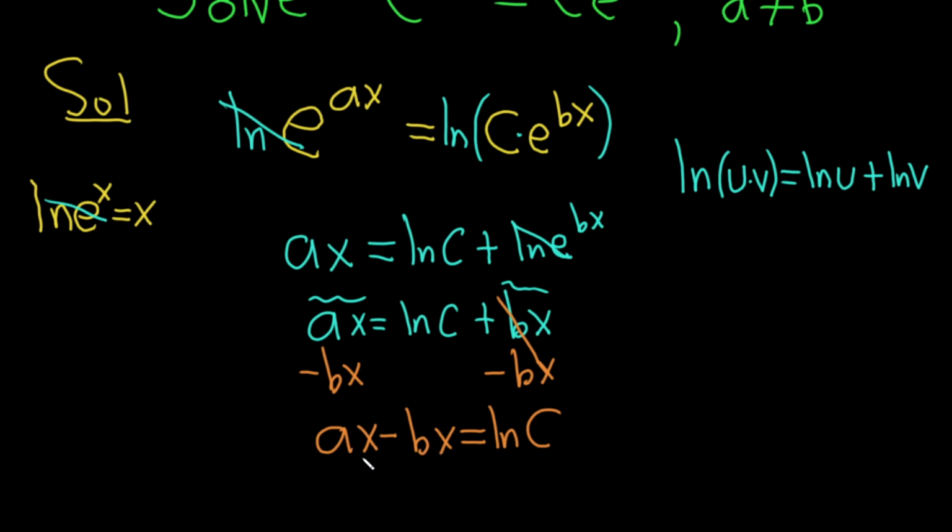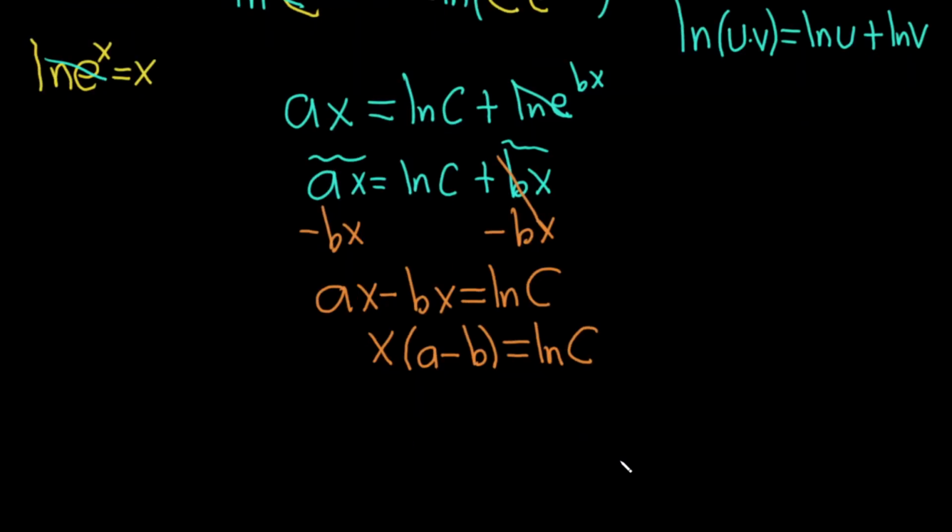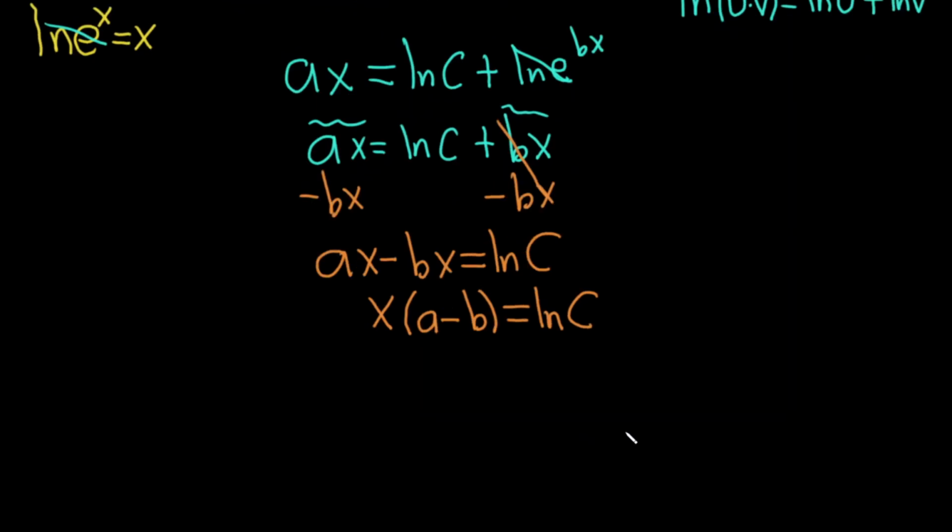Because we have an x on each term here, we can factor out an x. So this is x(a - b), and that's equal to the natural log of c. Since the x is being multiplied by a minus b, to solve for x, we simply divide by a minus b.